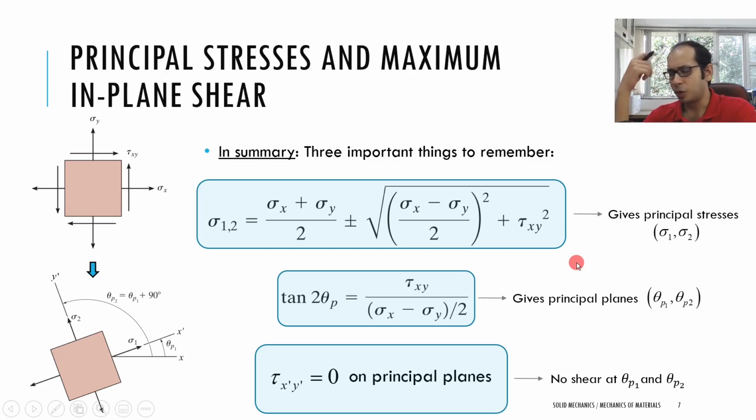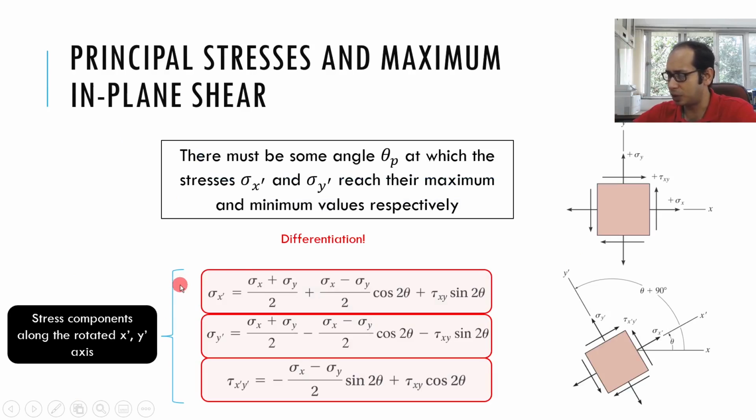Now remember, the original element which we started with was something like this over here. And what we did to essentially get this was that we simply differentiated this particular expression. This is the slide we saw a few slides back. We just differentiated and we got theta p.